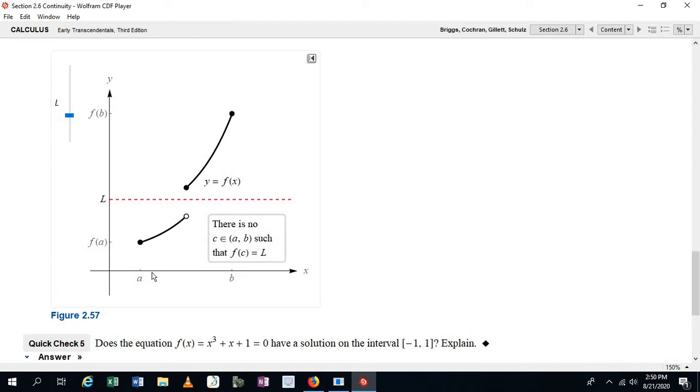So f is not continuous on the closed interval from A to B. Well, if L is right here, and again, L has to be strictly between f of A and f of B. So if you pick this L right here, there isn't a point at which the function crosses L. And so there isn't a c in this open interval from A to B where f of c is equal to L. It never happens. And so that's why you need the function to be continuous on the closed interval from A to B.